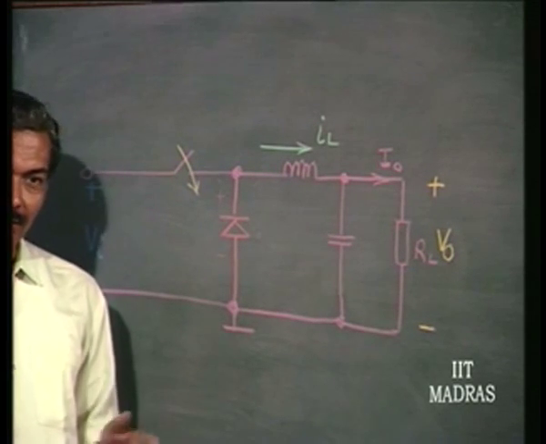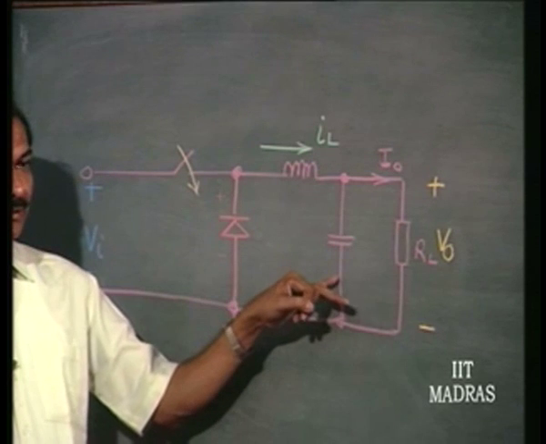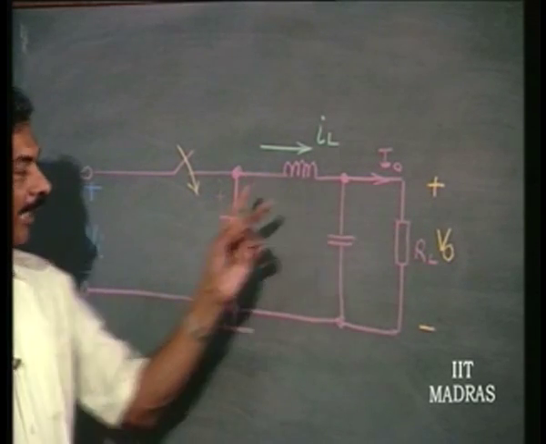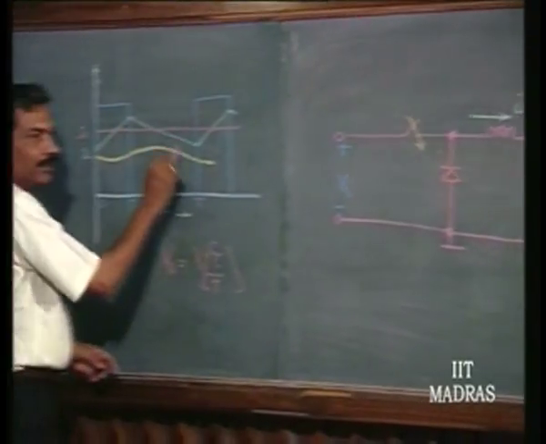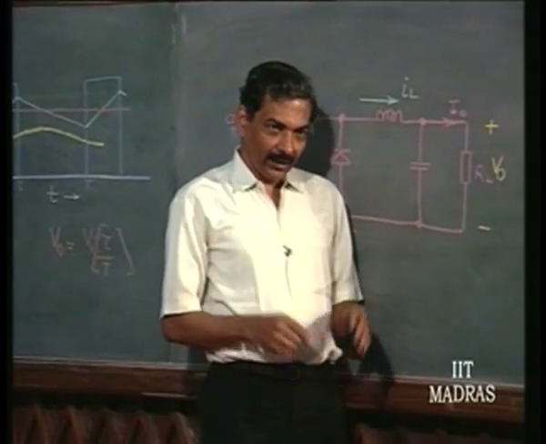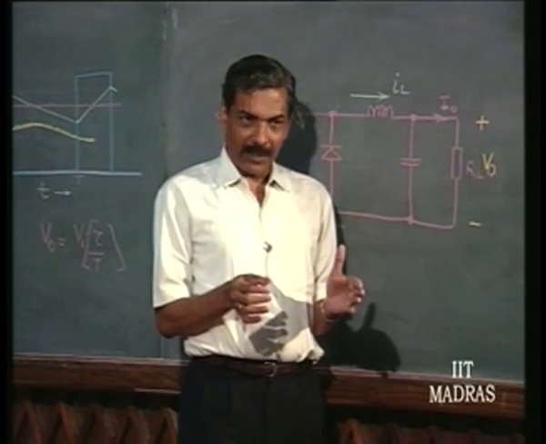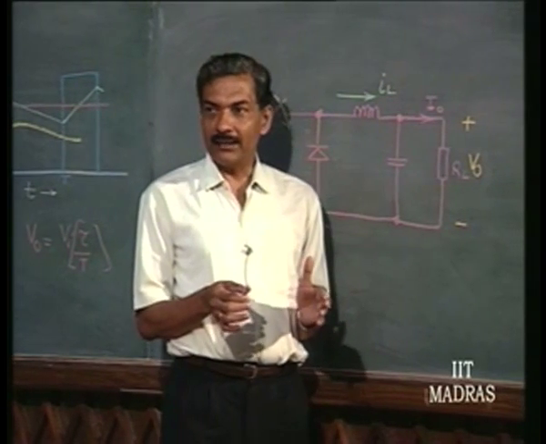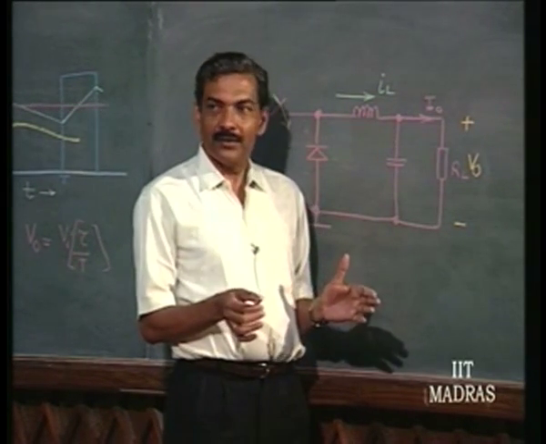Why? We have assumed under our discussion of ripple that the entire ripple current flows through the capacitor, okay, and the capacitor has been taken as an ideal capacitor, where the voltage across the capacitor is 1 over C integral I dt. That is only when it is ideal.